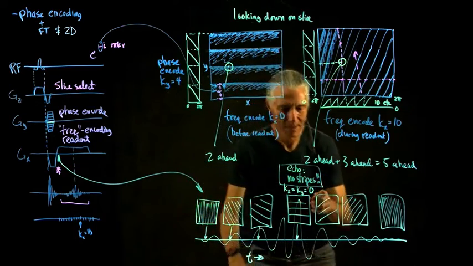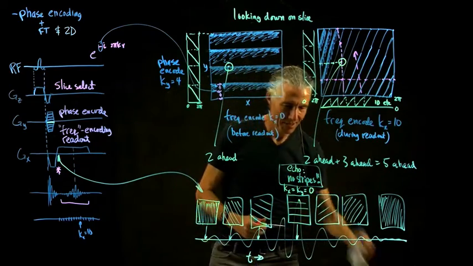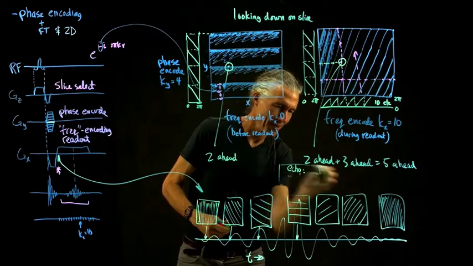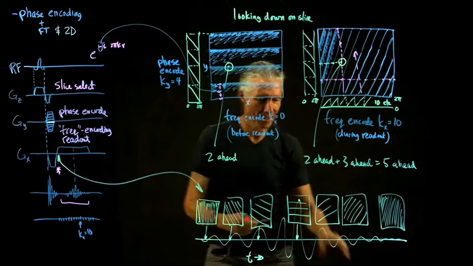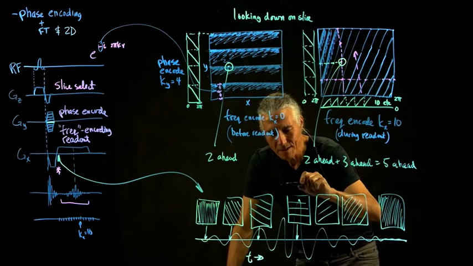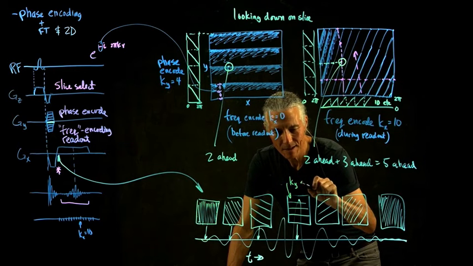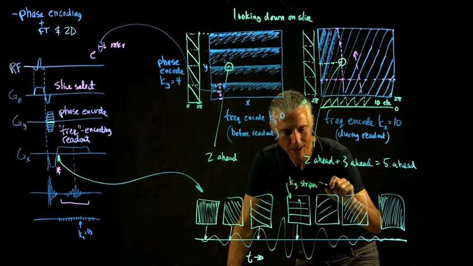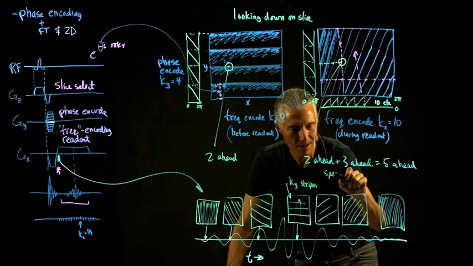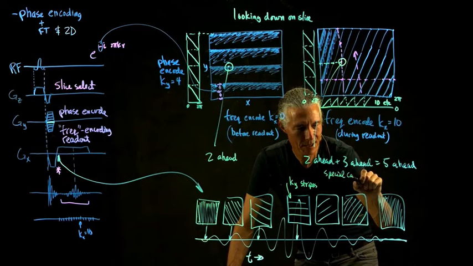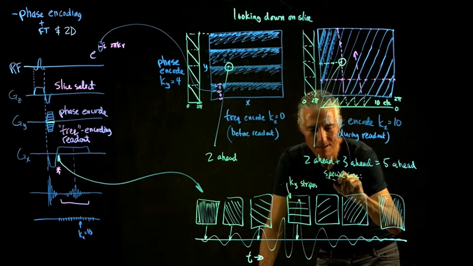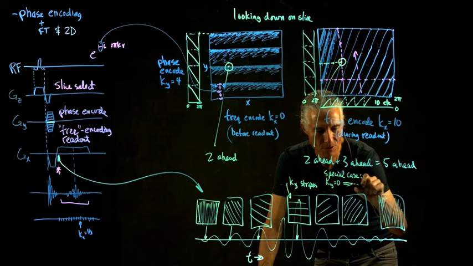Let's edit my diagram here. Now we just have KY stripes. And then a special case, which is KY equals 0, is no stripes.